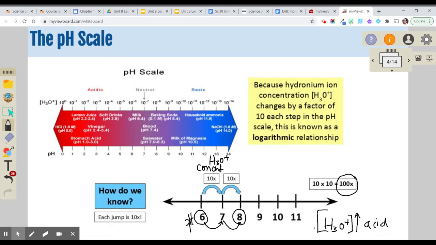So if you're going down the scale this way, then your hydronium ion is going to increase. If you're going from a pH of 8 to a pH of 6, that means your concentration of the hydronium ion is going to be 100 times bigger.